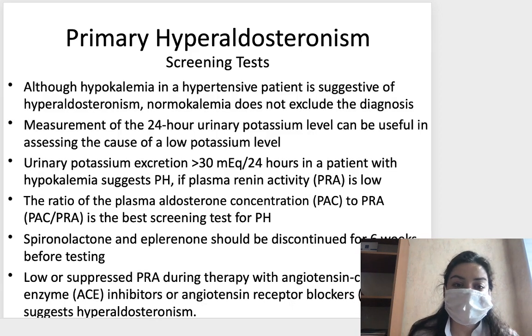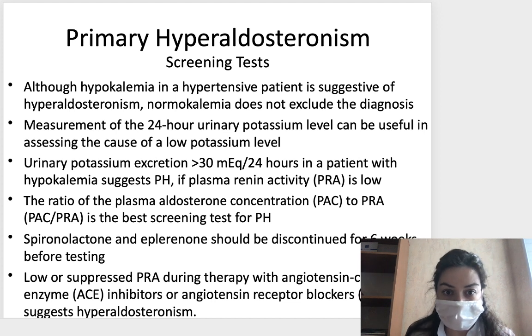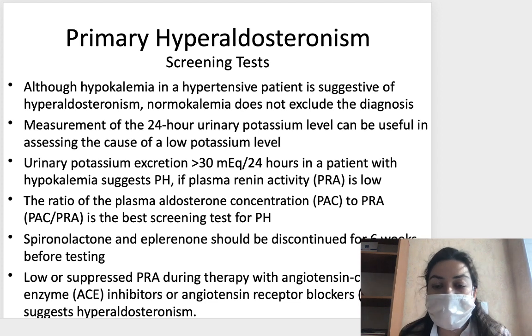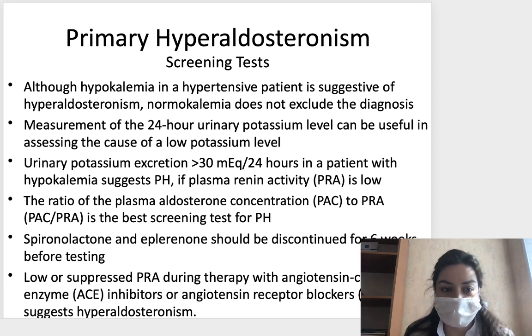For the screening test, although hypokalemia in a hypertensive patient is suggestive of hyperaldosteronism, normokalemia does not exclude this diagnosis. Measurement of 24-hour urinary potassium level can be useful for assessing the cause of a low potassium level.